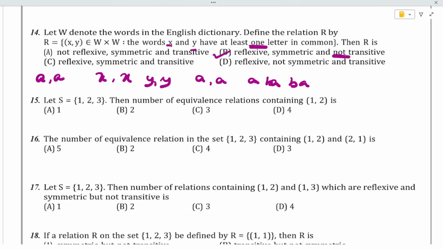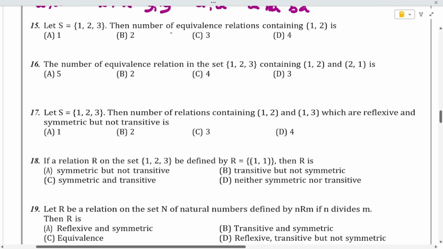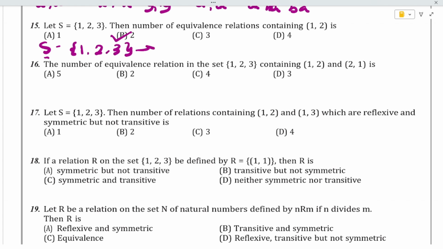Now if you take the set {1, 2, 3}, find the number of equivalence relations containing (1, 2). To find the equivalence relations, the answer is option 2. The set they have given is {1, 2, 3}. Now the number of elements is 1 and 2, so the answer is option 2.